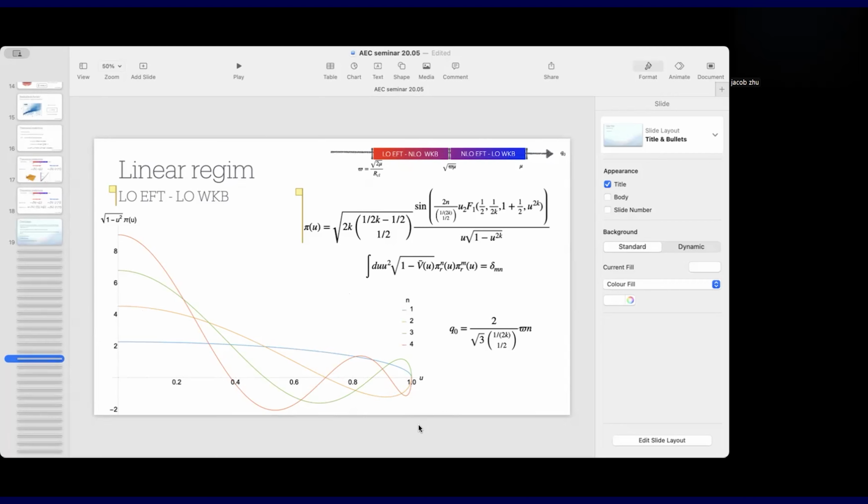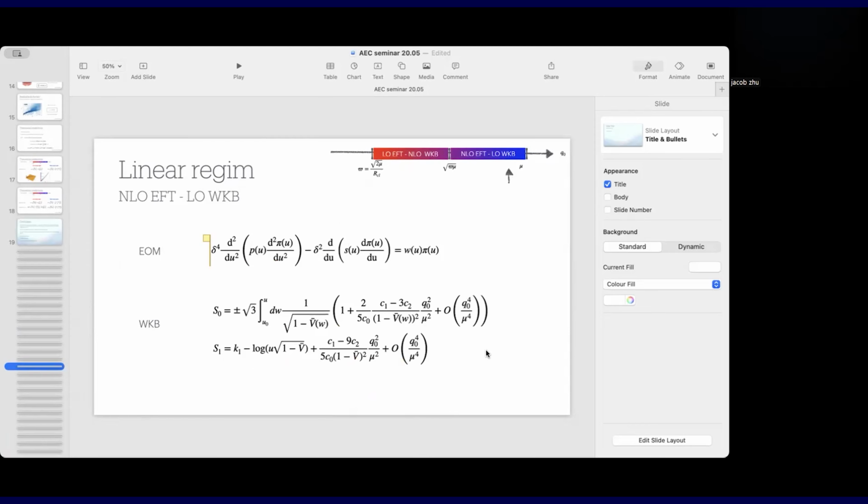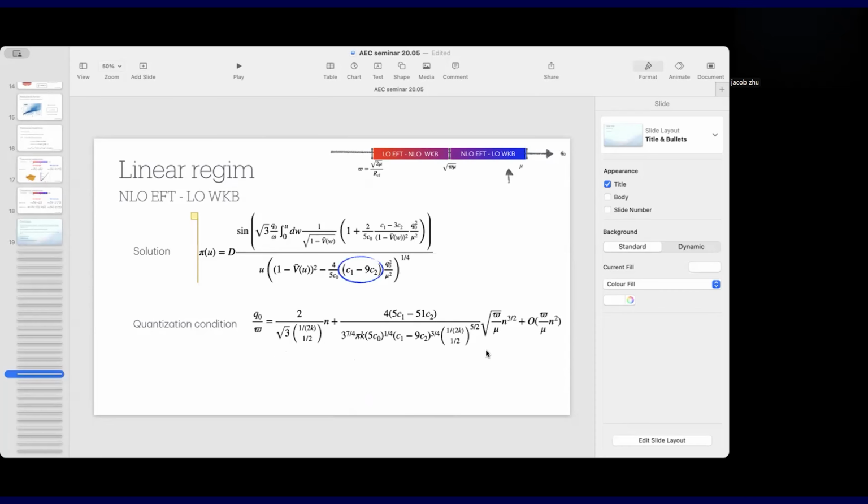So this is really the end of your cloud, and that's the center. But WKB is always divergent at the endpoint, so you need to fix this. And by fixing this, you get a quantization condition. But yeah, then you can play the same game, adding more terms, solving the equations. You get corrections to your field, corrections to your spectrum.